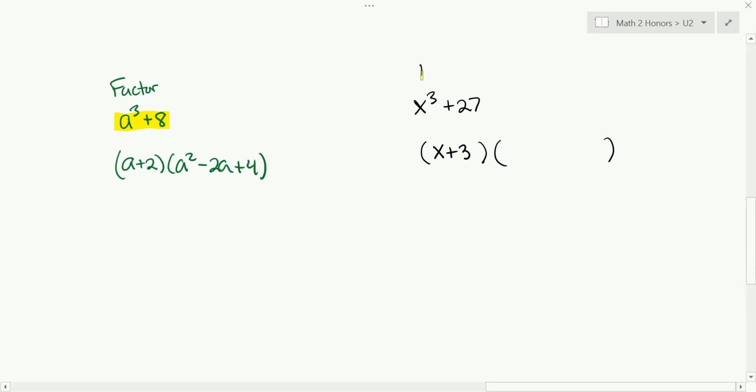Yeah. So we're taking the cube root of x cubed, we're taking the cube root of 27 to get x and 3. You're right, Kaya. Can you help us out that don't see why that's true?